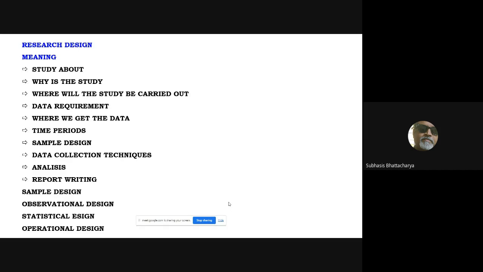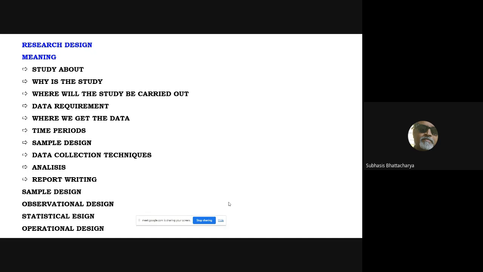What time periods will we include? What specific form of sample design do you have to follow? And what techniques of data collection will be used? And then the data analysis part, and in what style you have to prepare your report. These 10 questions actually formulate the research design.